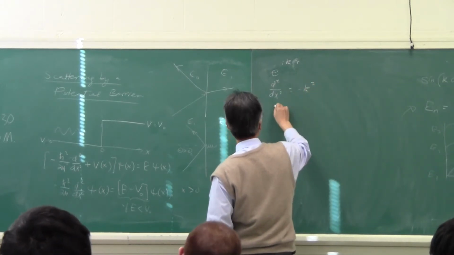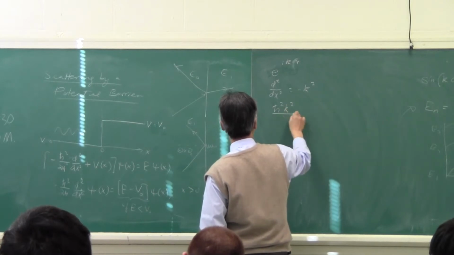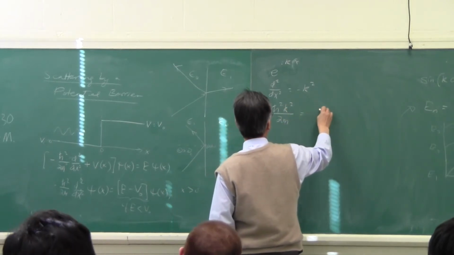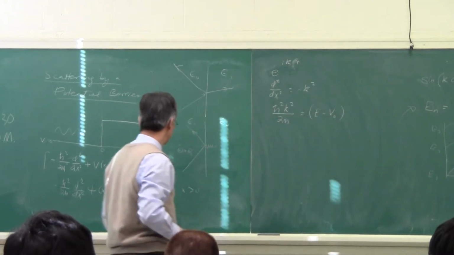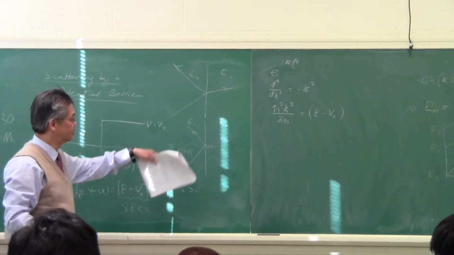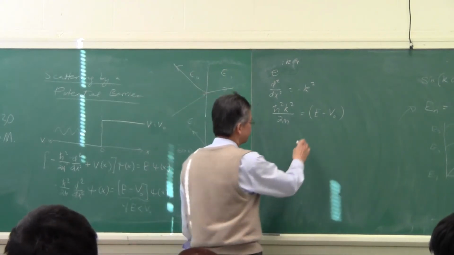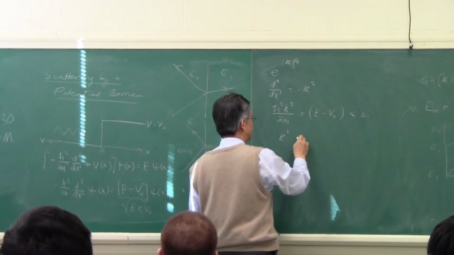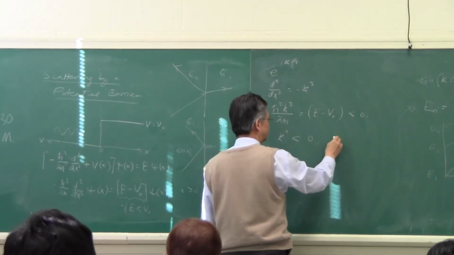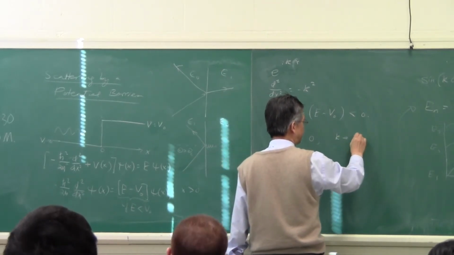And then the solution is h bar squared k squared over 2m is equal to E minus V naught. If you just balance this side with that side, you get that equation over there. And then this is negative, which means that k squared is less than 0. k is pure imaginary.